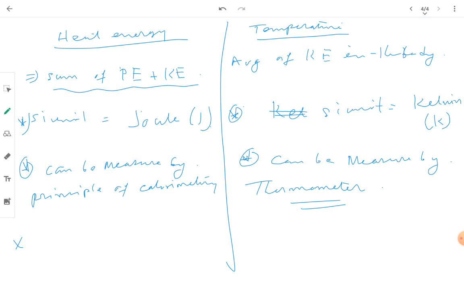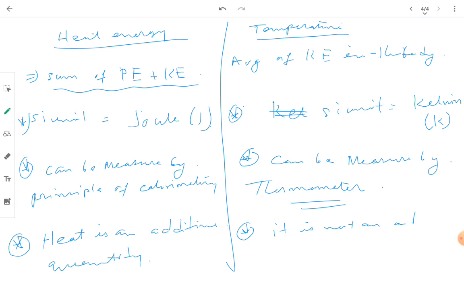So heat is an additive quantity. Temperature is not an additive quantity.